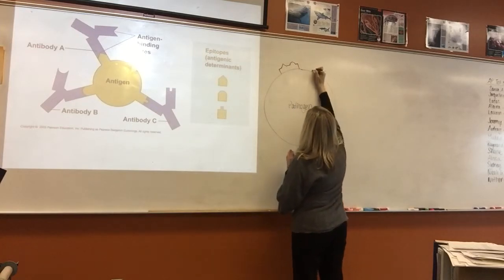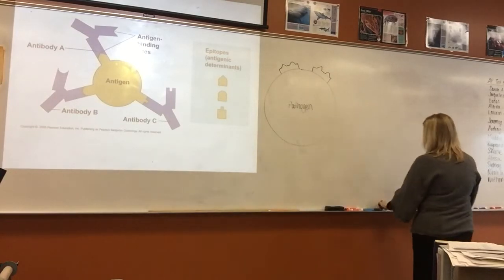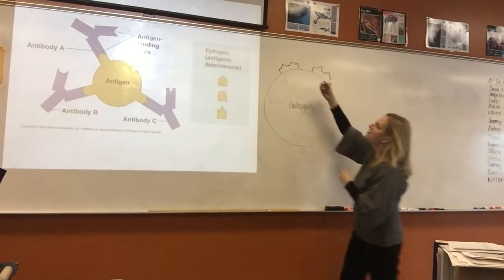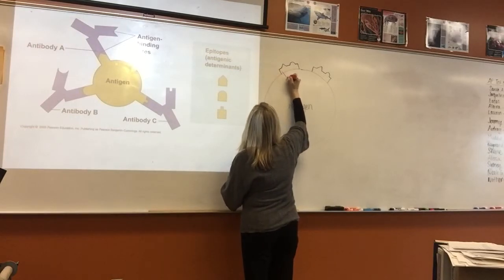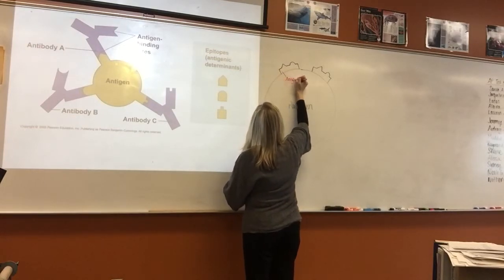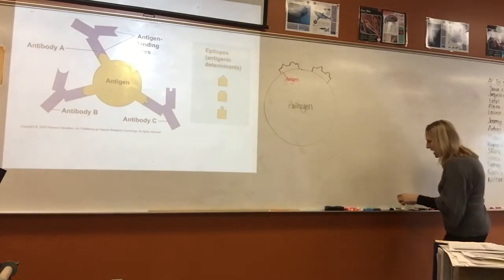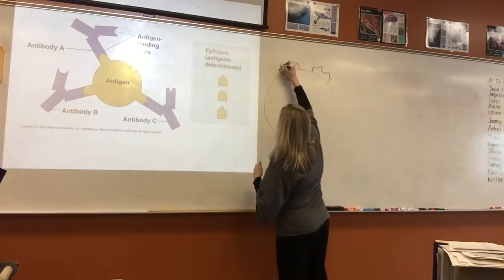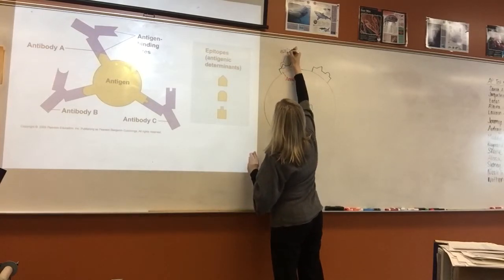I'm going to draw a couple of those, pointy, curved, and so on. I'm not going to draw any more; you can have lots of them on the pathogen. So, color coding here, the whole thing is called the antigen. The antigen is on the surface of your pathogen. And then on top of that, these parts right here and right here are your epitope.